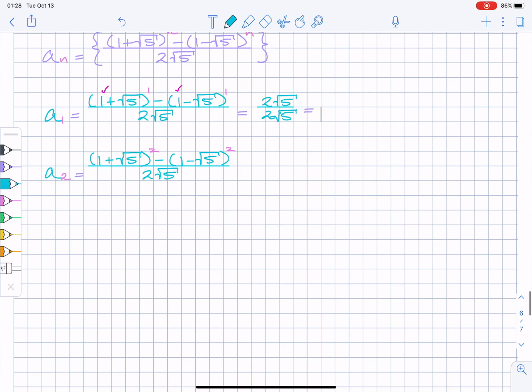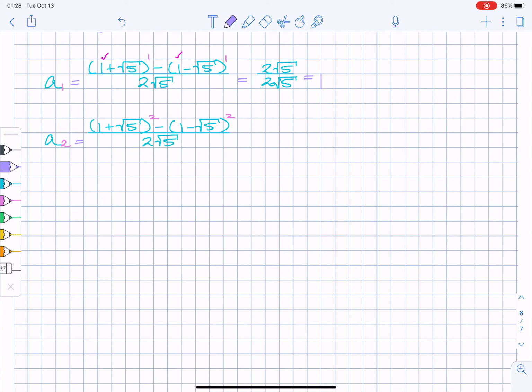Okay, so now this is going to take a little bit more simplification, so let's expand the binomials. So we'll have 1 plus 2 root 5 plus 5, from which we're subtracting 1 minus 2 root 5 plus 5. After I expand the binomials, all over 2 root 5.